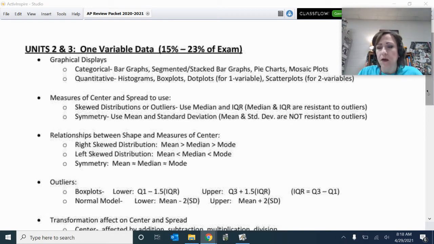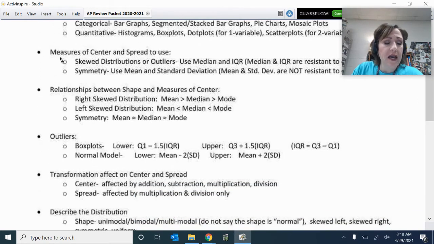All right. Now, remember that based on the data, we have a choice for quantitative of which measure of center or spread is better to use. Remember that if you have skew or if you have outliers, then you must choose to use median and IQR, because median and IQR are resistant, because they are just that middle section which cuts off the outliers, or would take away that impact of the skew.